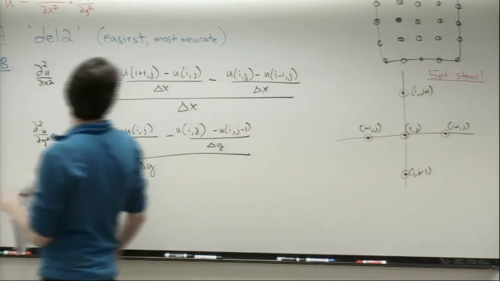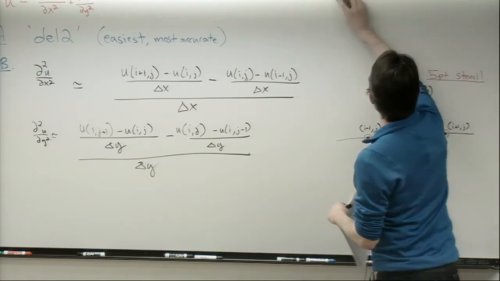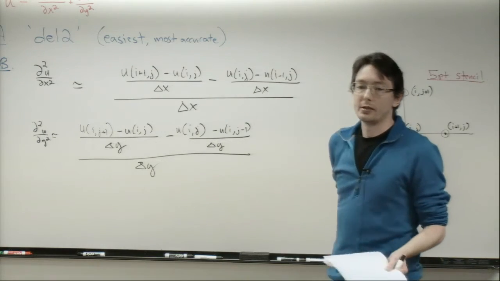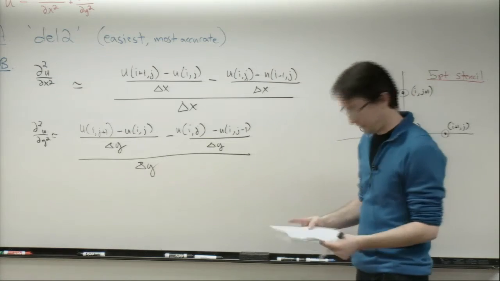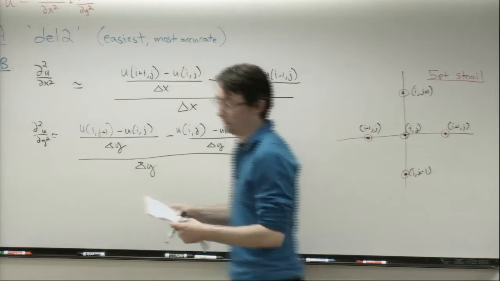And so let's just get rid of this and write out what the solution is. So I'm going to assume that delta x equals delta y. And I'm going to add these two things up to get the Laplacian.